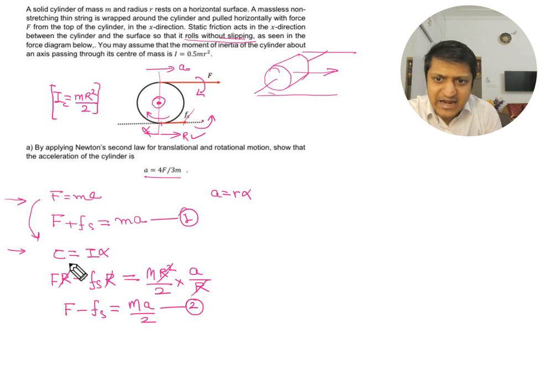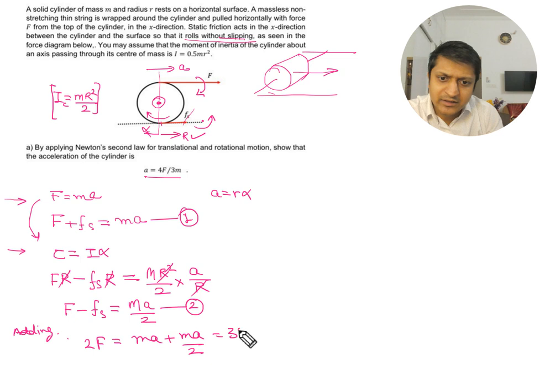If we add these both equations, this Fs will cancel. So adding, we will get 2F equals Ma plus Ma upon 2. So this will become 3Ma upon 2. So this 2 will be multiplied here. It will be 4F, and this 3M will come to the denominator. So we got this: 4F by 3M.